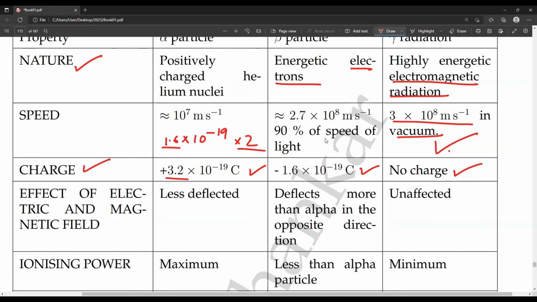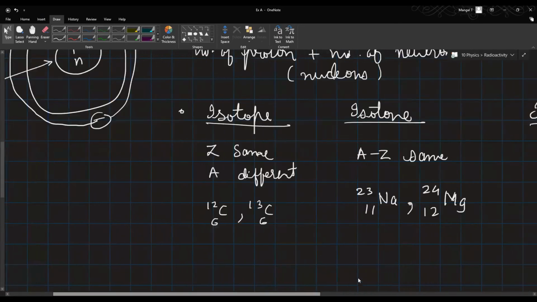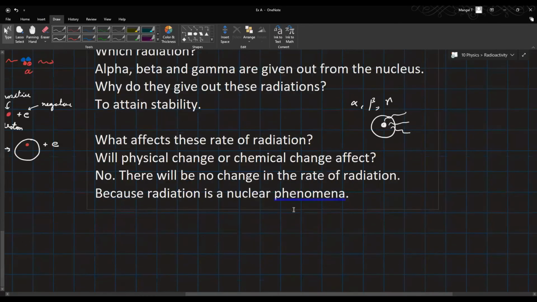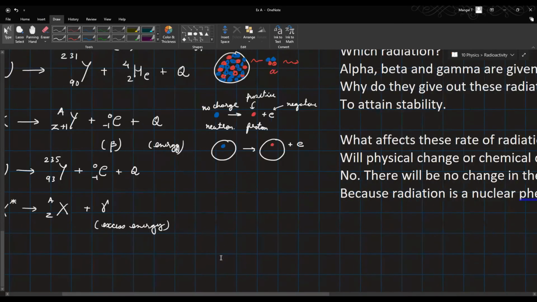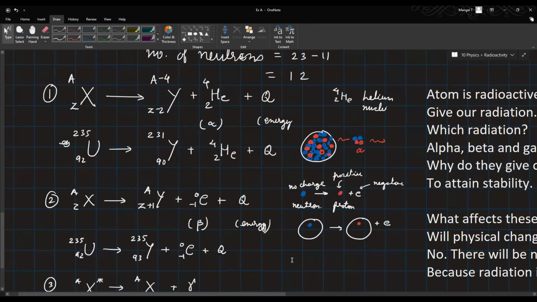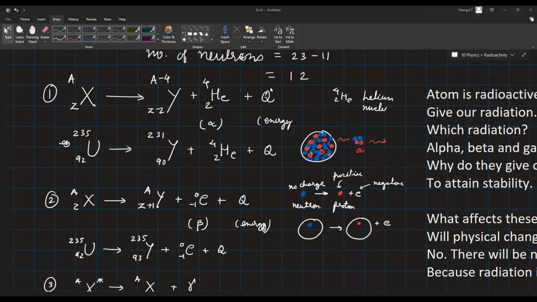No, this is 2. Why is it 2? Because in an alpha particle, there are 2 protons, no? But here it is only 1 electron. Oh, okay. So that's why it is 1. Yes, got it, thank you.